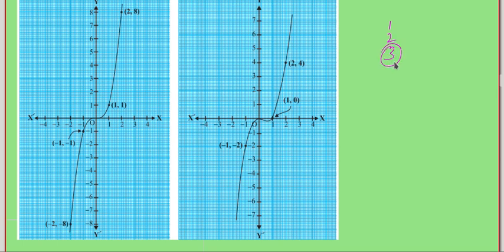As it is a cubic polynomial, the degree is 3, so it will meet the x-axis at a maximum of 3 different places. So a cubic polynomial has at most 3 zeros.